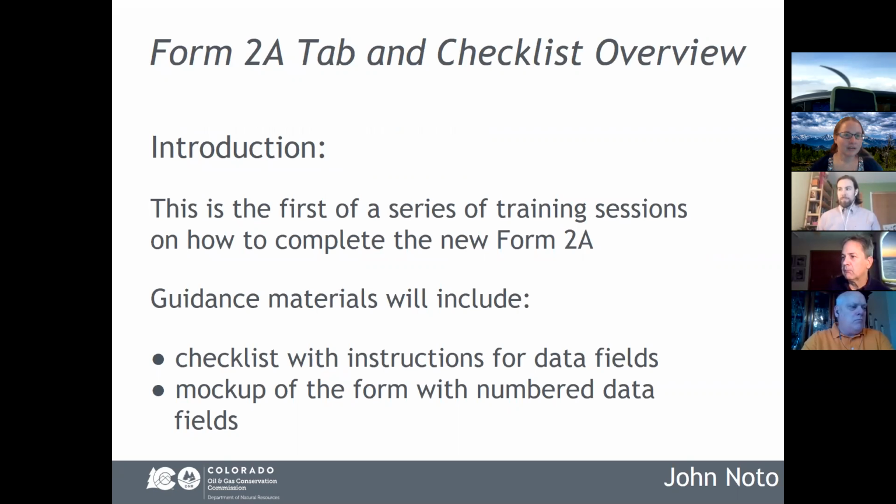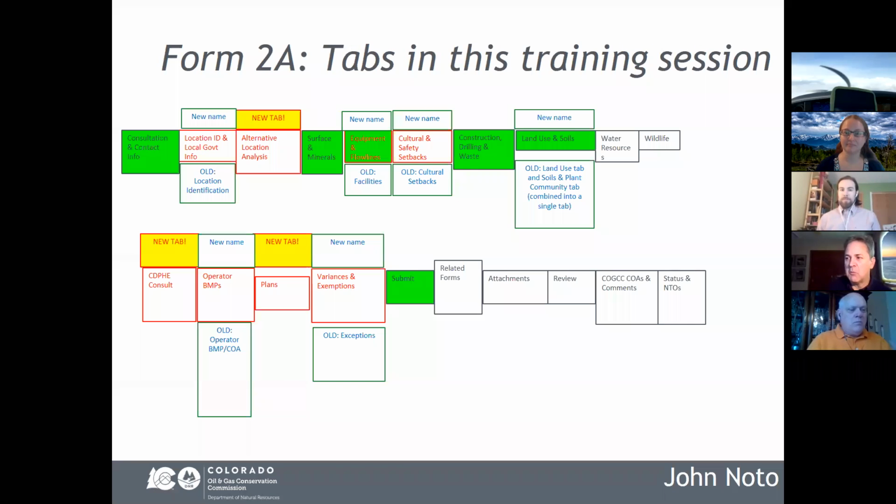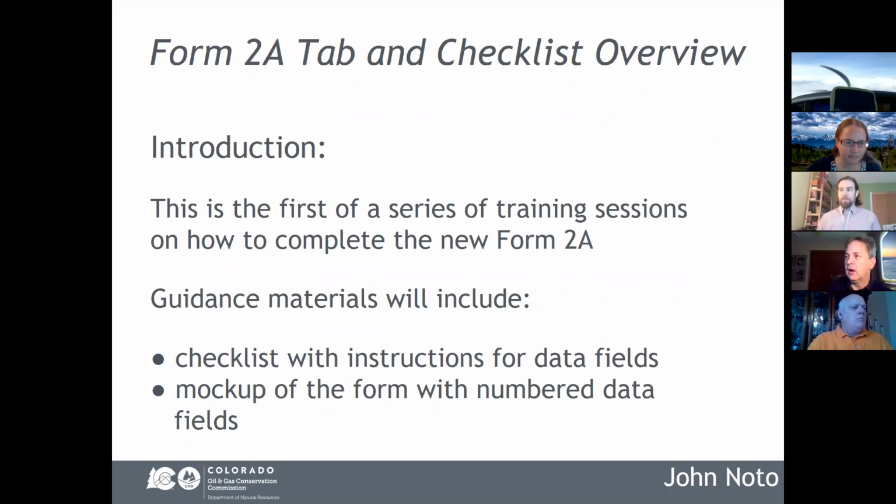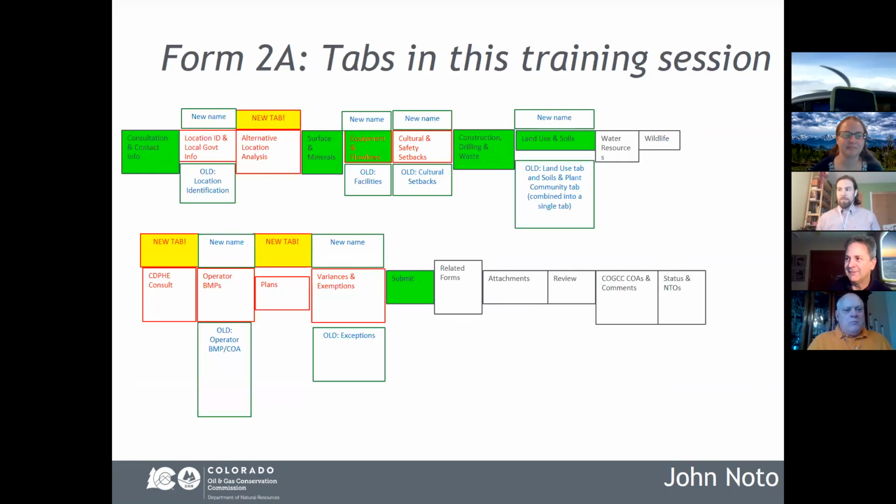As I said, we'll have a checklist with instructions, and that's basically the how-do-I-get-it-right checklist, and a mock-up of the form will be in our resource section. If you could go to the next one, we'll get ourselves synced.